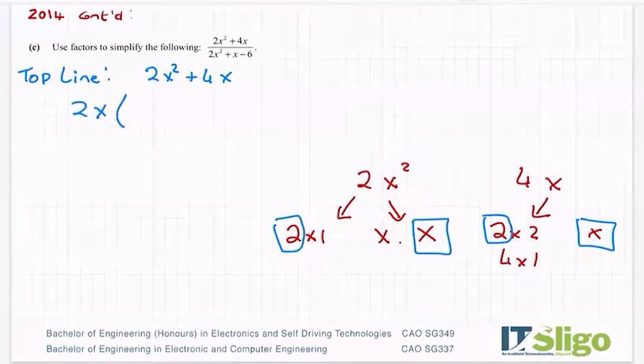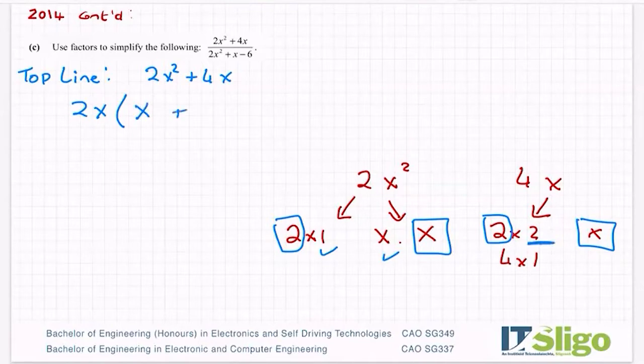Okay, and then what's left over? Well, I could put in 1x if I wanted, or just a single x. What's left over here? Plus 2. Okay, and you can do this in your head when you get good at it. You can go, what's common here? Well, I see common between 2 and 4 is the number 2. And I see there's an x common between here and here. So that goes on the outside.